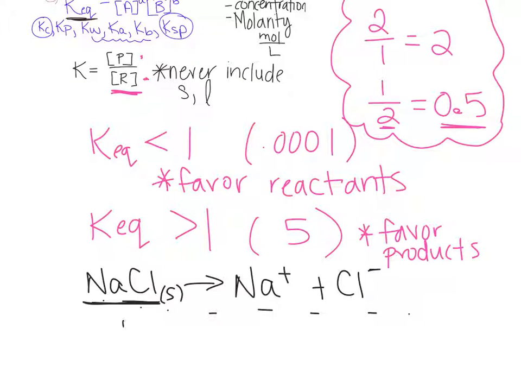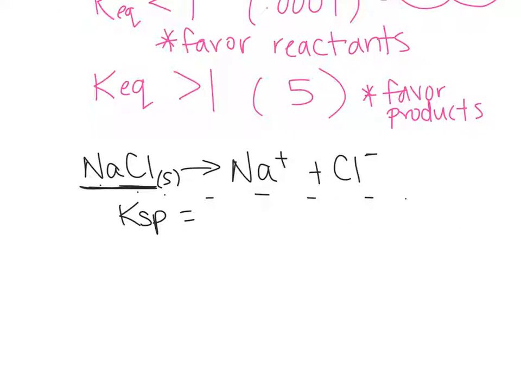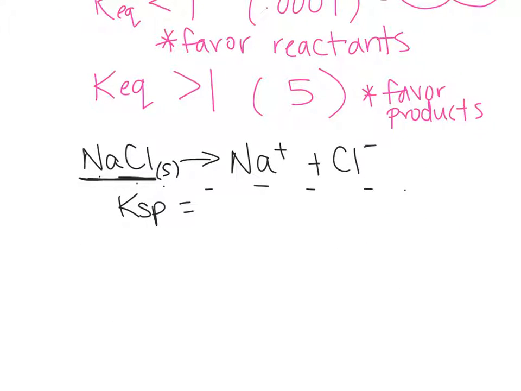So when we go to write a K SP, this is the one I want you to be familiar with. What does not get included here? It's solid. These guys are mixed in with the aqueous. So who's going to be in our expression? Products or reactants? Na is one of them.